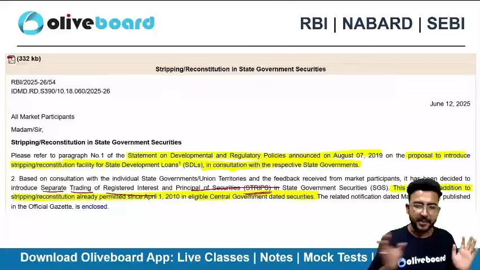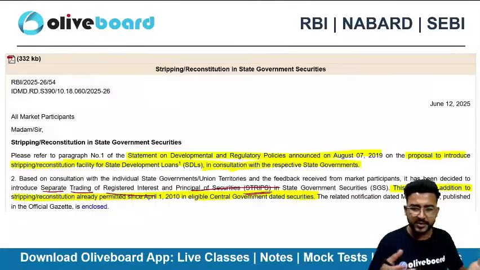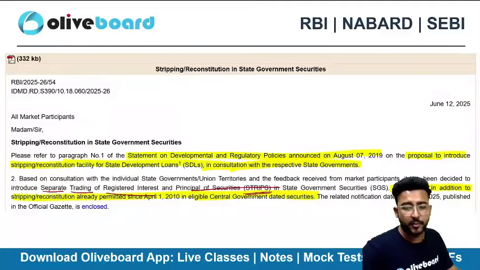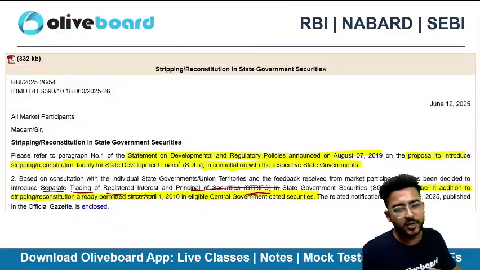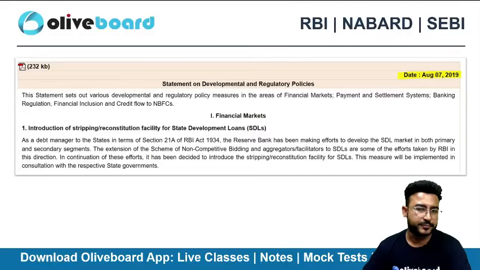Separate trading, as the name says it all, we will be separately trading the interest as well as the principal of the security, right? Even if you don't remember the full form, no problem at all. The name says it all. I'm going to do separate trading in the registered interest as well as the principal of the security. It's so simple, right? It's very easy.